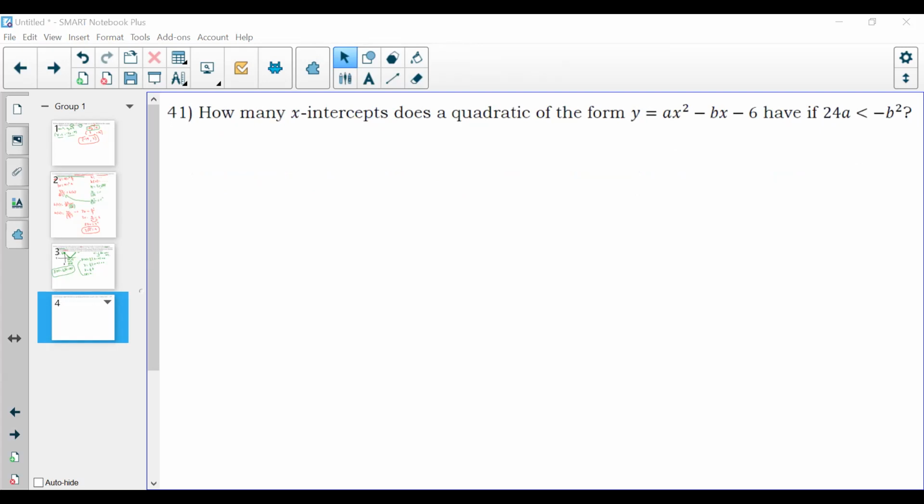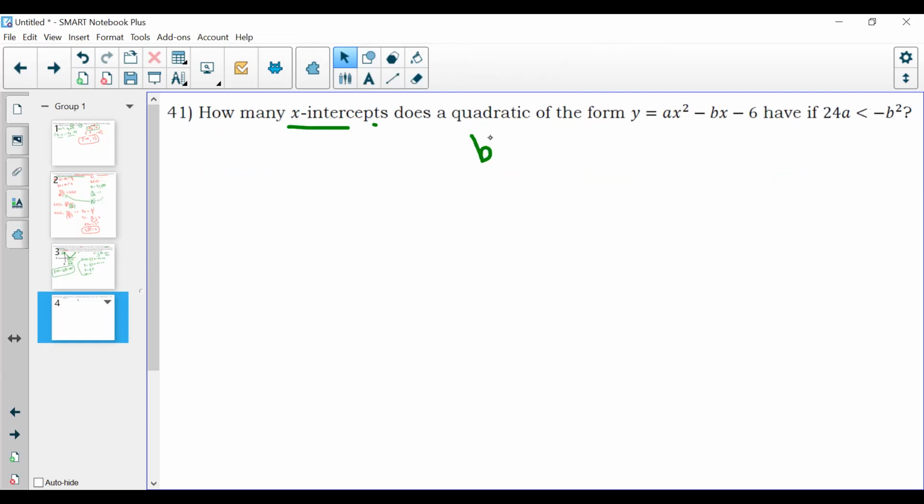Yeah, it's 0. That's what we said yesterday, wasn't it? Let's go over it again. So, how many x-intercepts does a quadratic of the form y equals ax squared minus bx minus 6 have if 24a is less than -b squared? Remember, if I'm asking how many x-intercepts, that's another way to ask how many solutions you have.